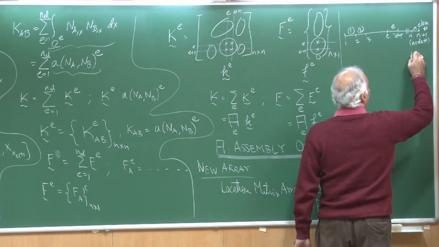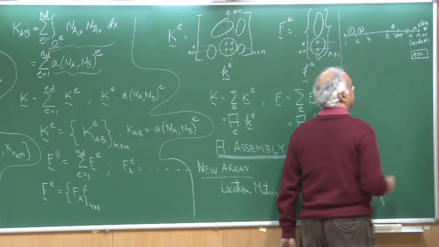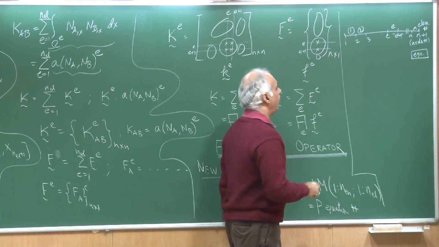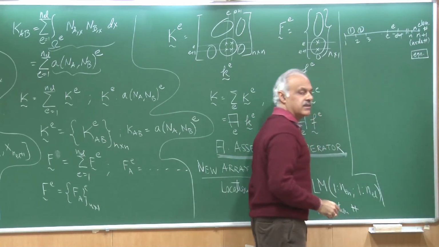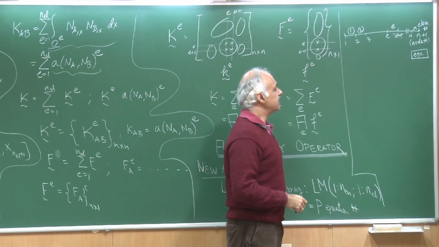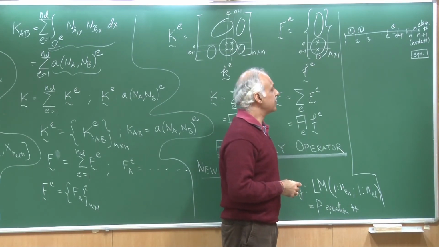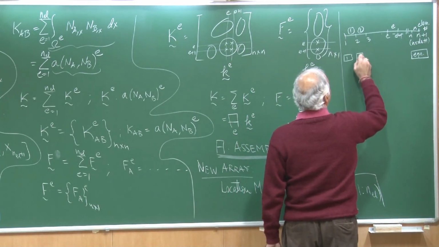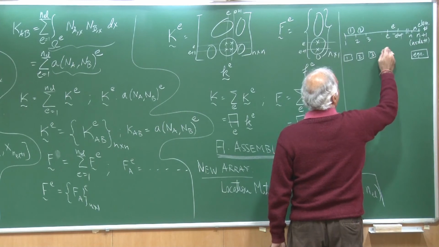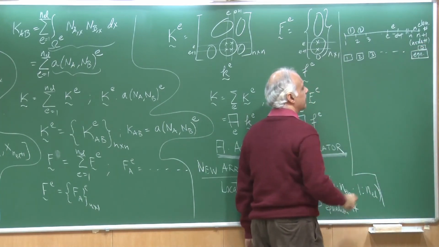Next, I want to write down my equation number in a square box. All these nodes have an equation number except the last one. The last one is a Dirichlet type node, the value is known there, so there is no equation number. So, this equation number is 1, this is 2, this is 3, all the way, and this equation number is 0, the final one.